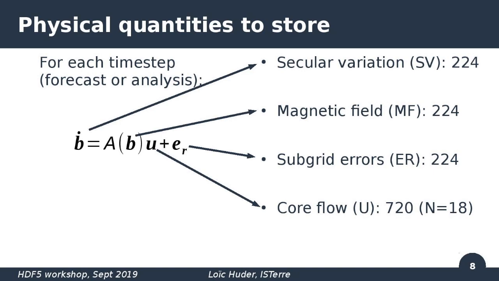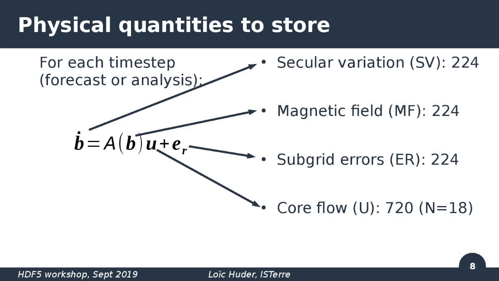The magnetic field, as I said, is linked to the core flow, so this is not the only physical quantity that we need to consider. At each time step, we have several vectors to consider. We have the evolution in time of the magnetic field, which we call the secular variation, or SV, and this also has 224 coefficients. We have the magnetic field, obviously, again 224 coefficients.